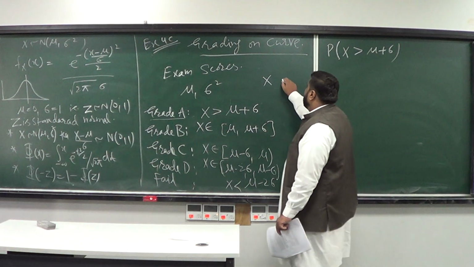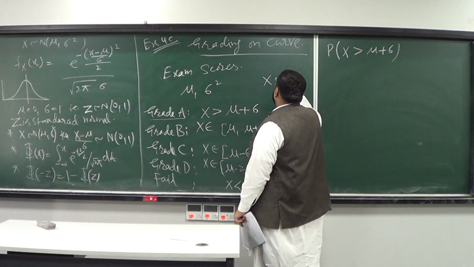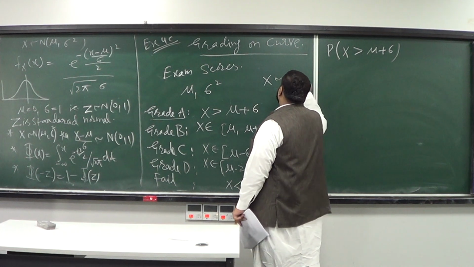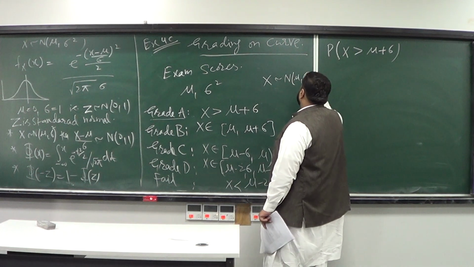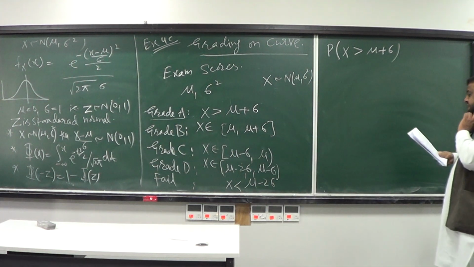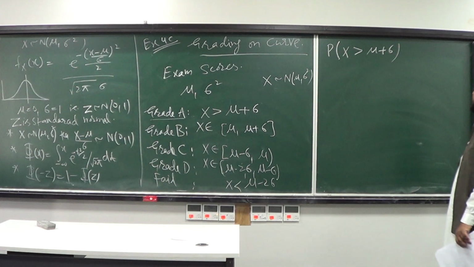Obviously, we can assume that with this strategy, X would be normally distributed, or it can be approximated by a normally distributed random variable with the mean mu and variance sigma square actually. Okay, so what would be the probability that a student would get an A grade?